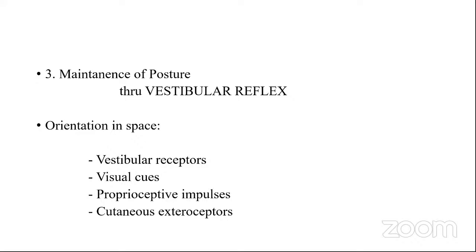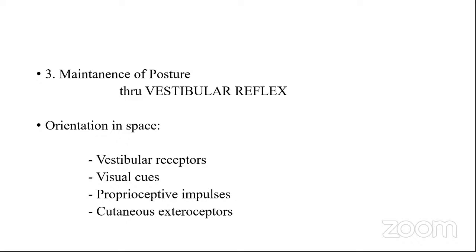All these receptors send information through the afferent pathway to the central nervous system for orientation in space.